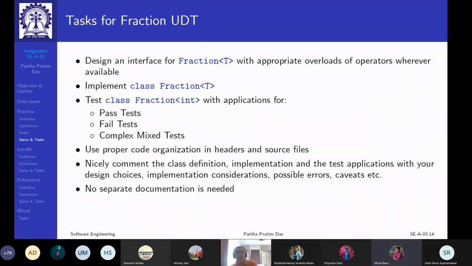Right. So the conversion is not to be done because you do not know what T is. You do not know whether T can be converted to int. T may have all the operations that int does, but T may not be convertible to it. It may not have an int representation.